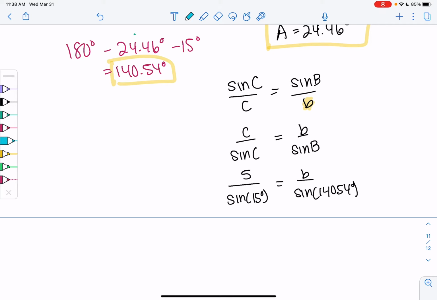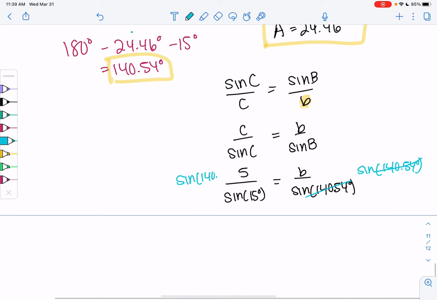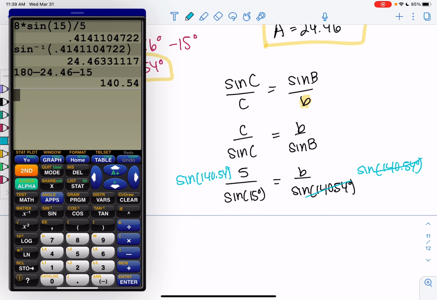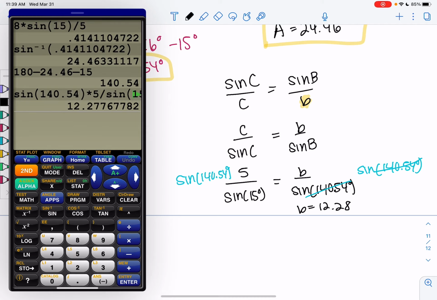And then the calculator can do the work from here. So go ahead and plug that in, and then we'll check for the second triangle. Sine of 140.54 times 5 over sine of 15, and little b is 12.28.